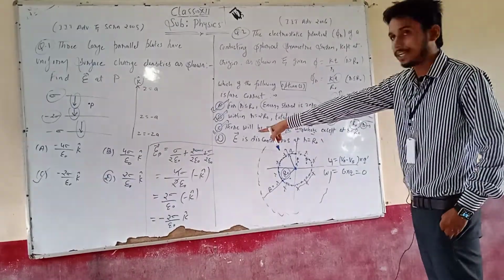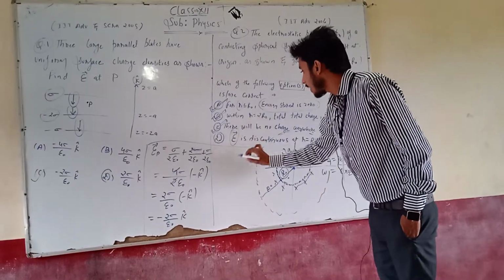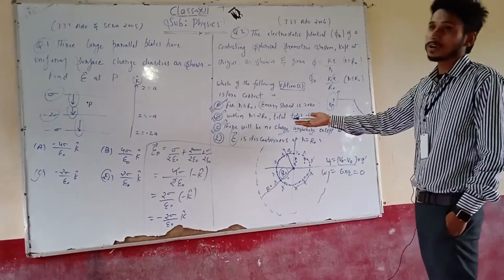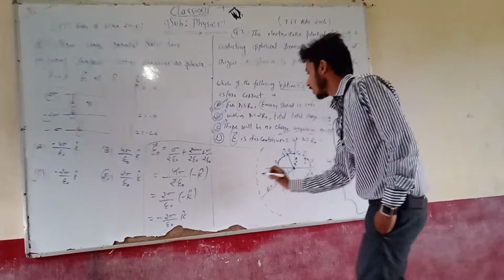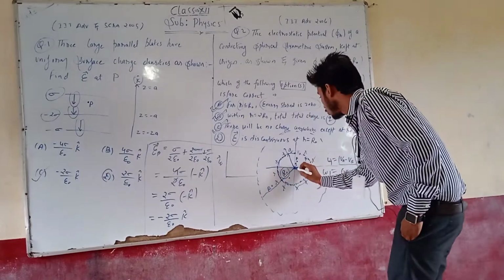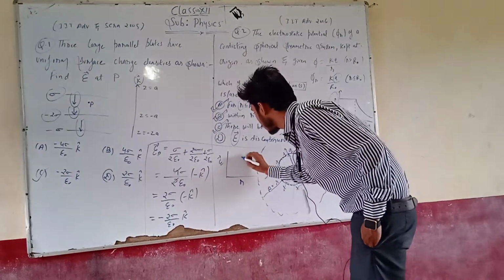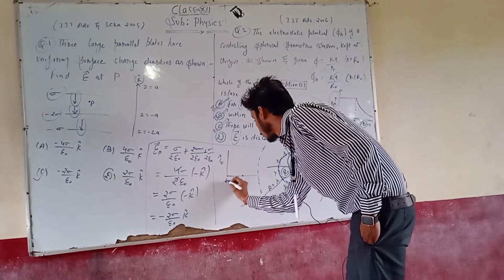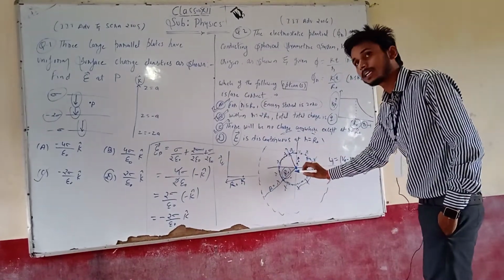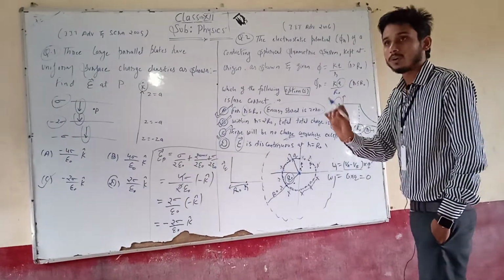Now talking about option D. In option D, they have told that the electric field is discontinuous at r is equal to r naught. Yes, it is also a correct option. If we plot a graph of electric field due to this spherical cell versus distance r, we know that the electric field inside any conducting closed spherical cell is 0 up to its curvature.